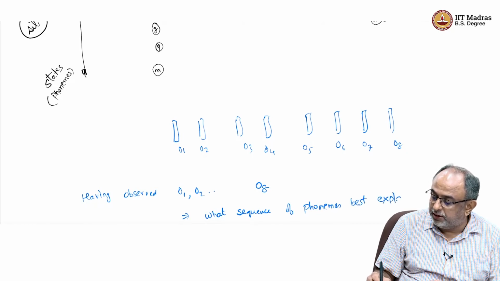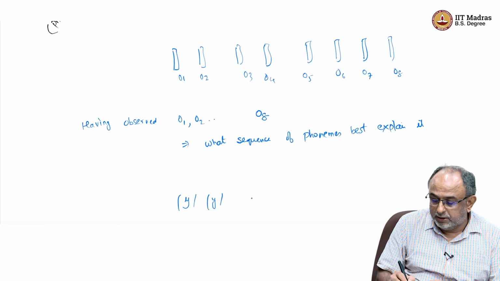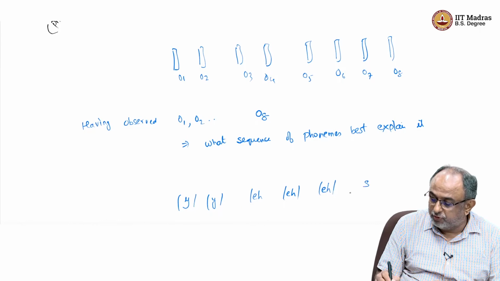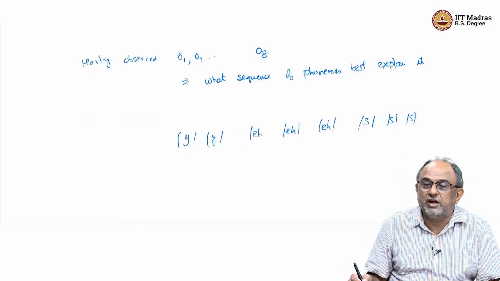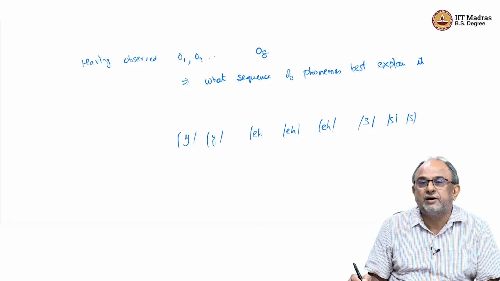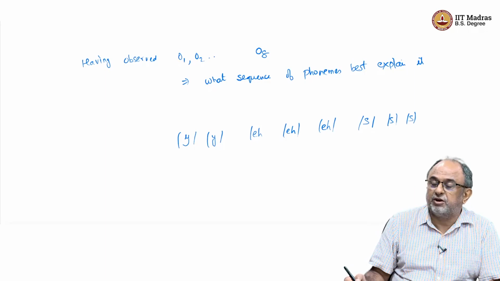And so I might find out that the best explanation is here, here, and so on. So this could be my best explanation. And so then we say that this is basically nothing but "yes". So the sound "yes" is what best explains this particular observation. So this is how we are going to find out.